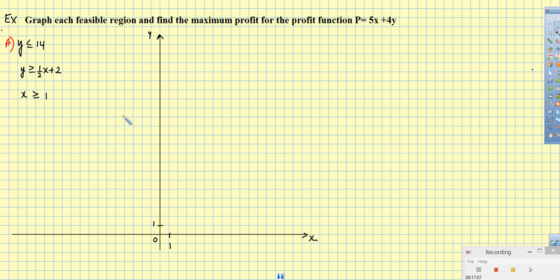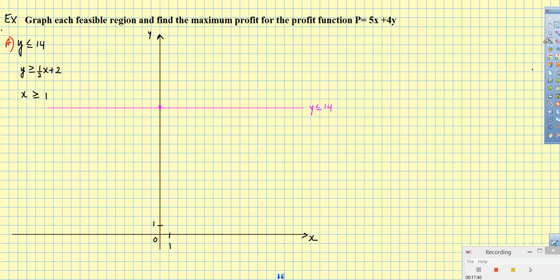My first graph has to be that y is less than or equal to 14. So I count 1, 2, 3, 4, 5, 6, 7, 8, 9, 10, 11, 12, 13, 14. That first line I will make in pink, so this is my y is less than or equal to 14.